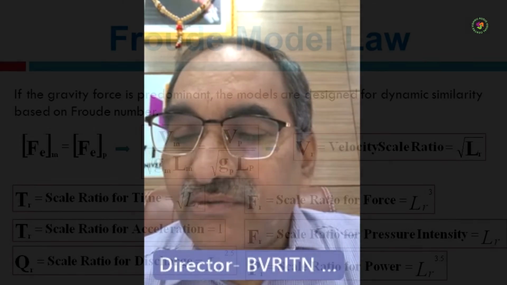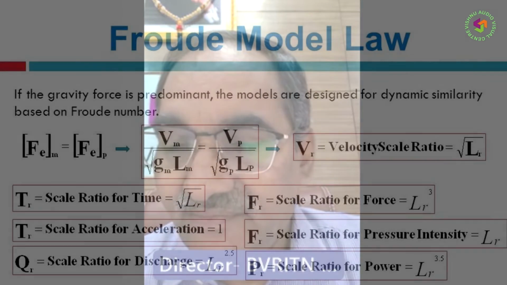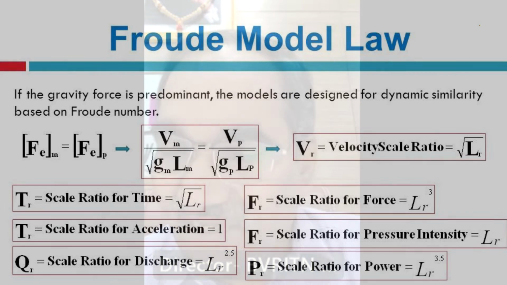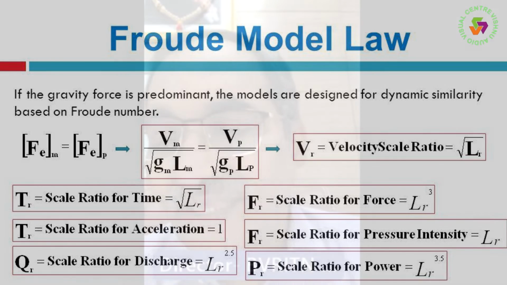It's easy to achieve the geometric similarity and kinematic similarity, but it's difficult to achieve the dynamic similarity because the ratio of the various forces in the prototype and model at the corresponding points should be the same, and they also should be in the same direction.